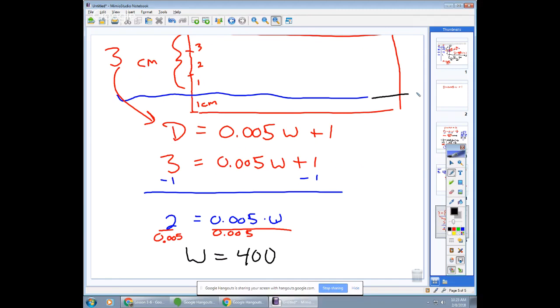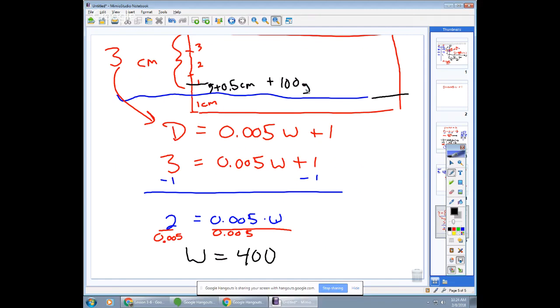Work for the first 200. So let's see. Think back to the information we were given. We got it to drop another 0.5 centimeter when we added on 100 grams.